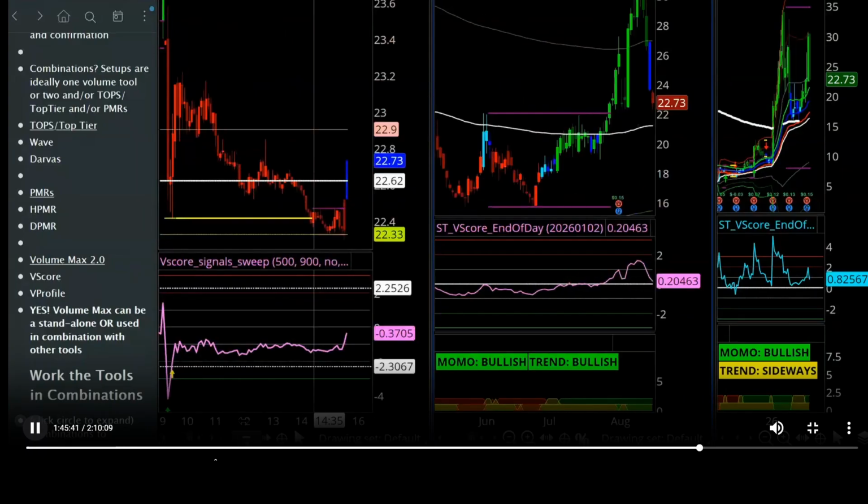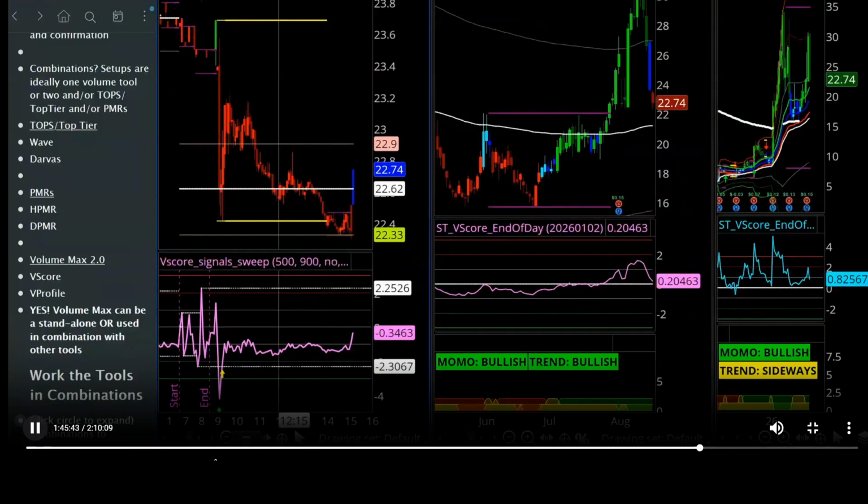So, if I look at the 5-minute chart here, here's your value area low, here's your value area high, here's your point of control. What was I looking at for in this area? I have a Darvis, and there's my value area low. And actually, we bounced right off that. Yeah, and then this level, the value area high, would simply be resistance.